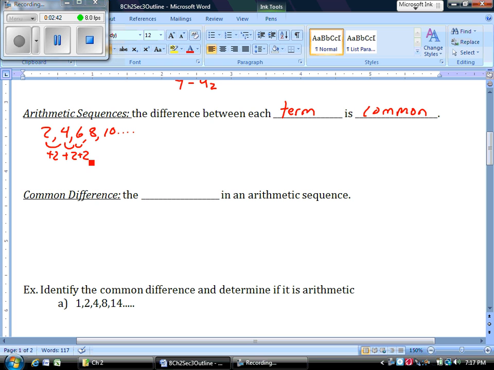An example of one that would not be arithmetic would be 1, 2, 4, 8, 16. Because in this case, I'm multiplying by 2. Okay, so this is not arithmetic.